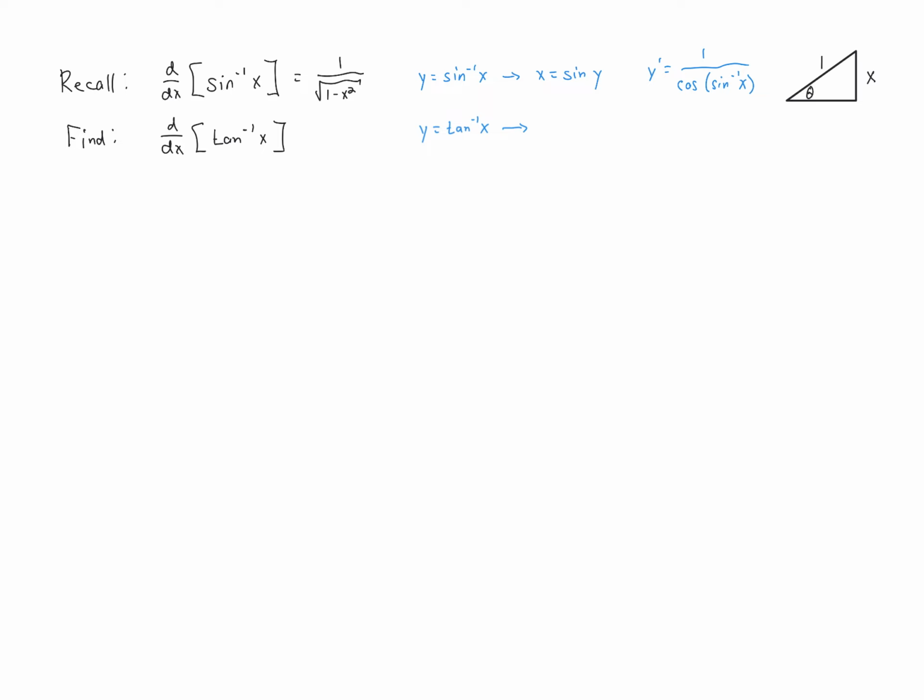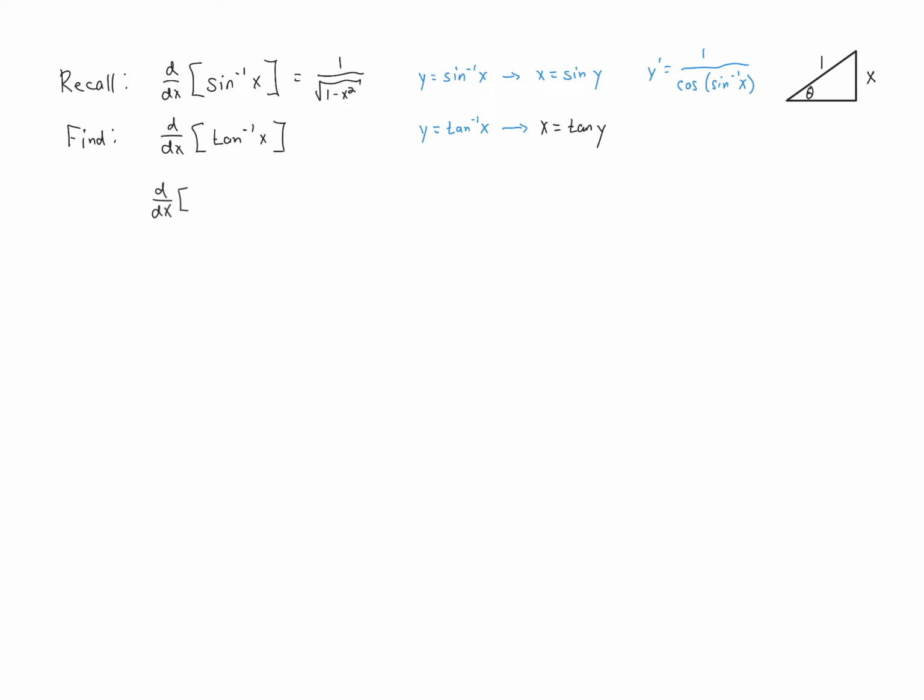Okay, let's tackle this together. Let's see if we can figure it out. So we knew that we had y equals inverse tangent of x, and we can rewrite that as x equals tangent of y. Now, we need to use implicit differentiation to differentiate both sides of that equation.